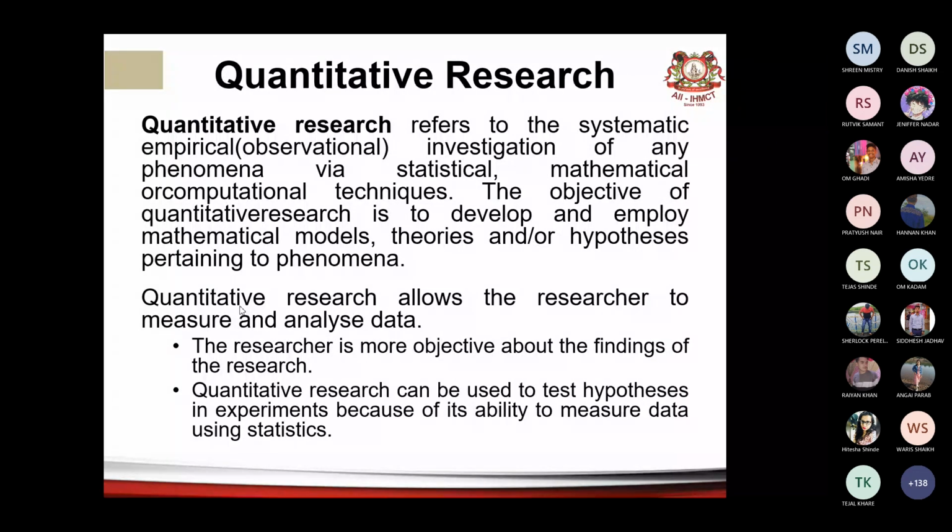Quantitative research refers to the systematic, empirical, observational investigation of any phenomena via statistics. Now mind you all, the observation word is there, and the empirical word is there. Empirical comes in qualitative also and descriptive also, because it's observation based. Empirical means observation, but systematic observation investigation via statistical, mathematical, computational techniques.